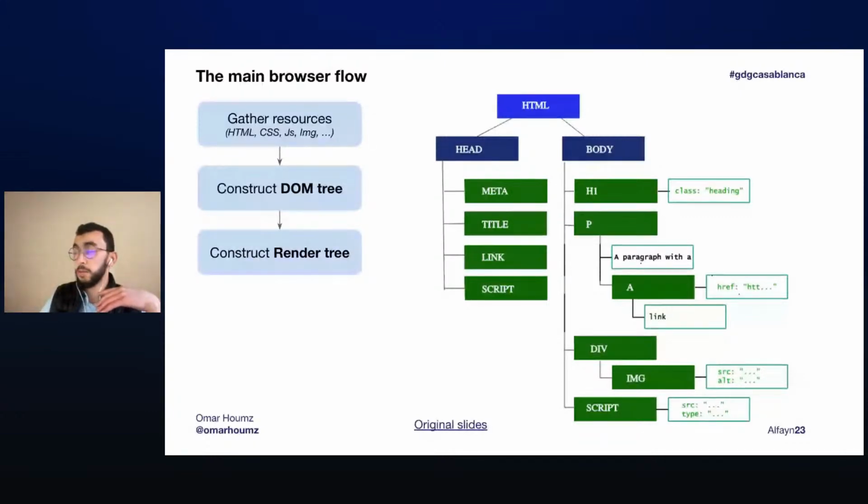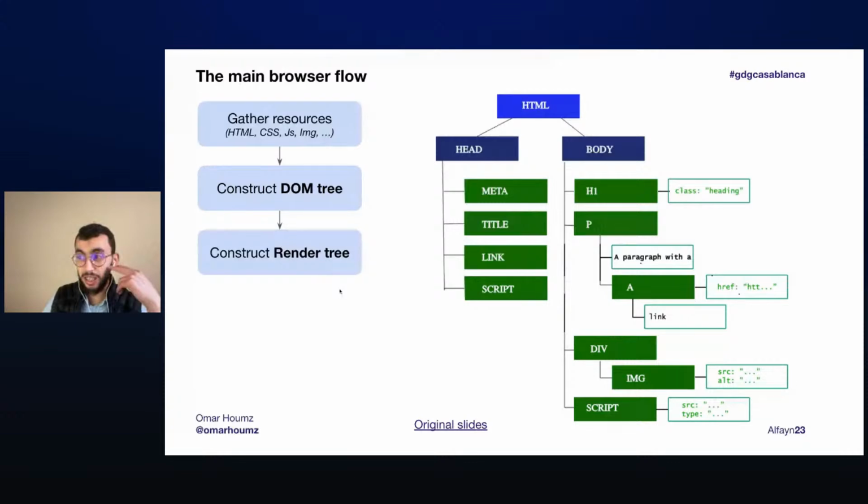On the body element we might see the h1, the p tags, the divs, etc., and we might not see other elements due to some JavaScript or CSS. For example, if this div has display none, we will not see the div in the render tree.